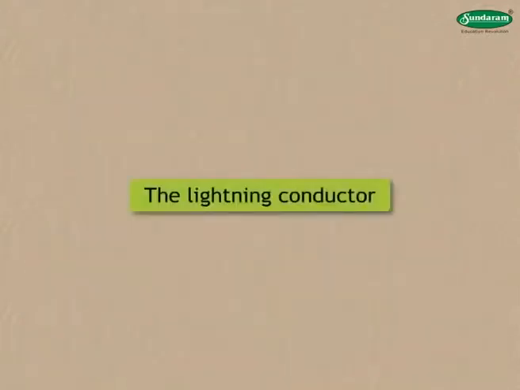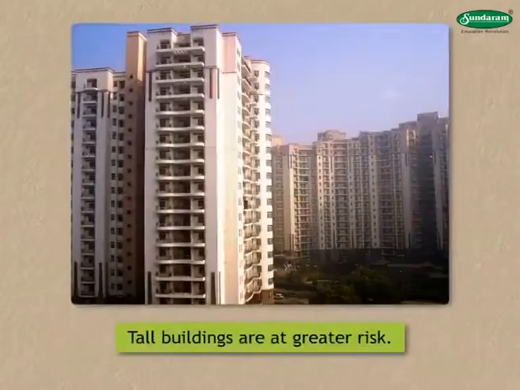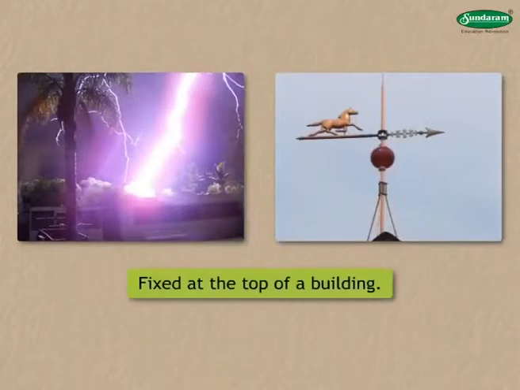Let us come to the last part of the chapter, the lightning conductor. When lightning strikes close to the ground, there is a danger of fire or loss of life. Tall buildings, particularly, are at greater risk. To prevent any damage due to lightning, a lightning conductor is fitted at the top of a building.